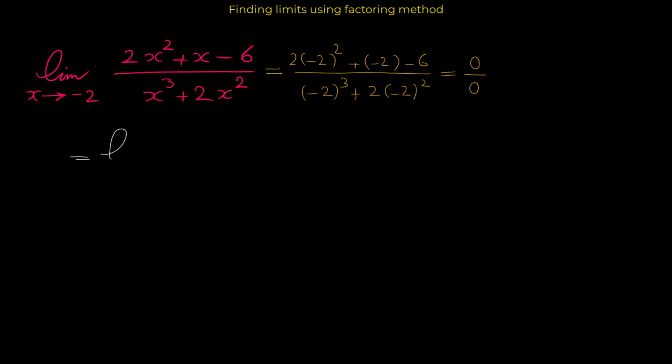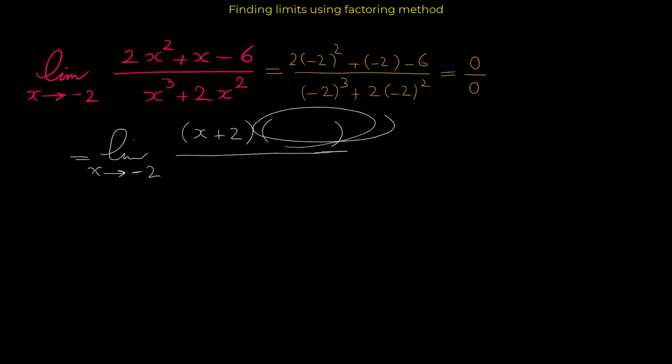Because now when we want to factor the expression in the numerator, we know in advance that one of the factors should be x plus 2, and we only need to find the other factor.